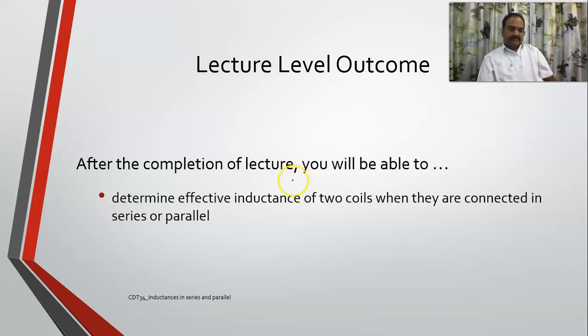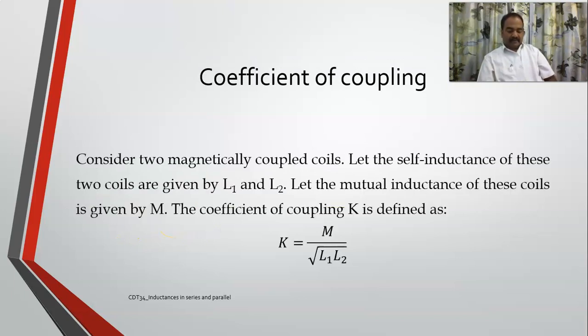Now, in today's class, we'll discuss how to determine the effective inductance of two coils when they are connected in series and parallel. Before I move on to this, I would like to introduce a concept called the coefficient of coupling. Let us suppose there are two coils which are mutually coupled, which means there is a mutual inductance between them.